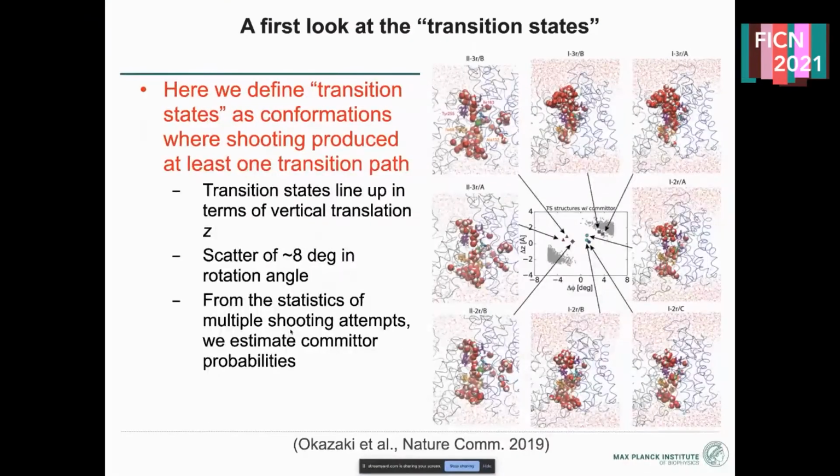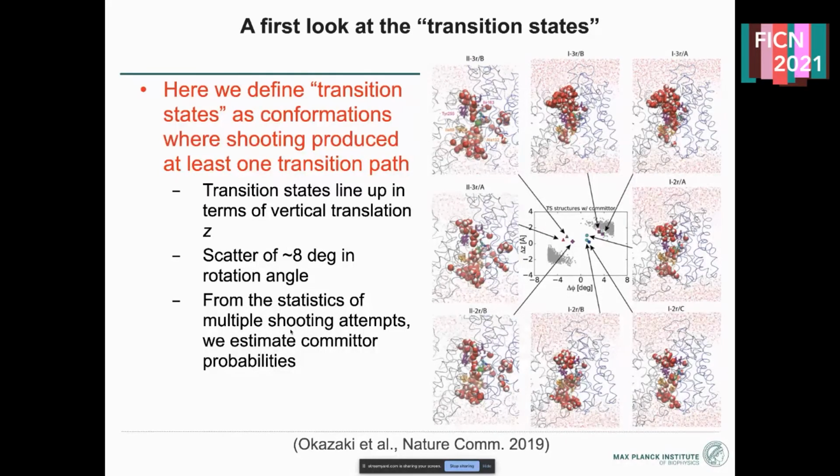So this is what we did, and here are states where we actually were able to shoot off trajectories that reached the forward outward open and the reverse, the inward open conformation spontaneously without any external bias.